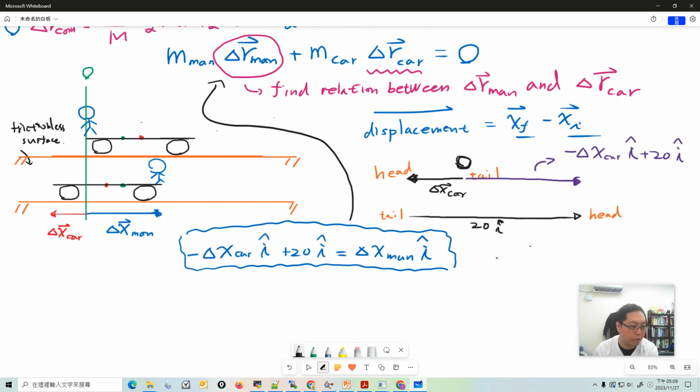So we put everything into the equation. Delta x man i is equal to 20 minus delta x car i plus 20 i, in the x direction.